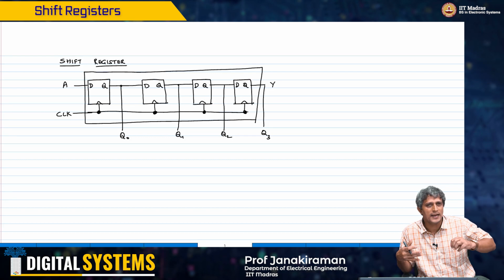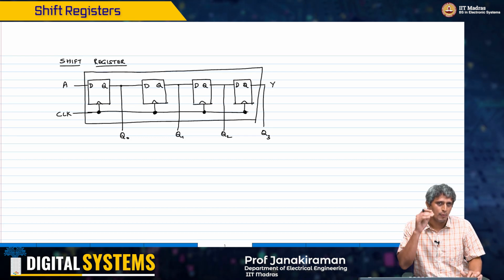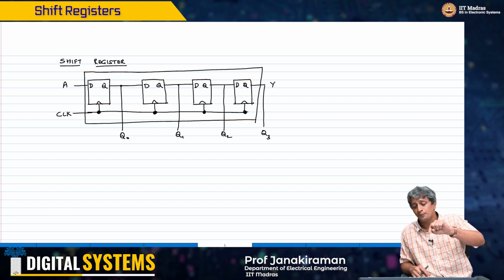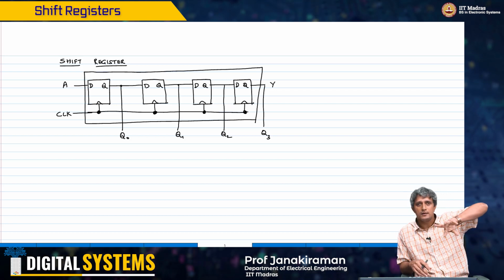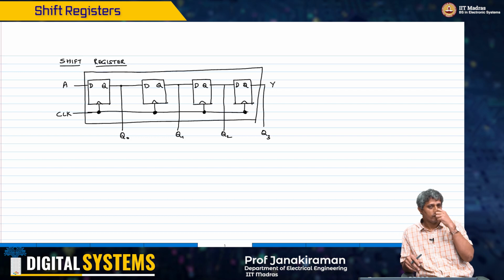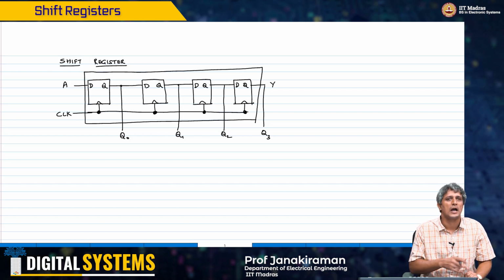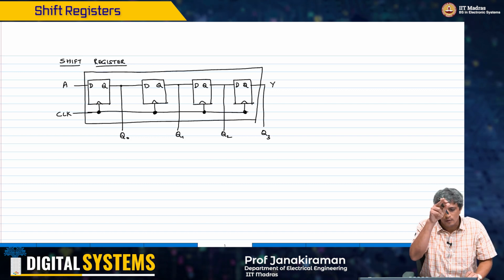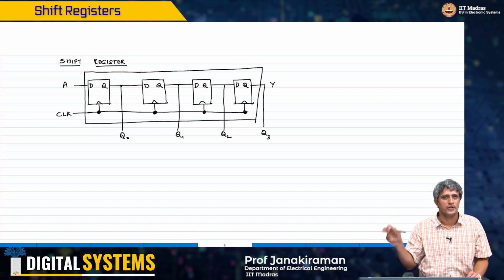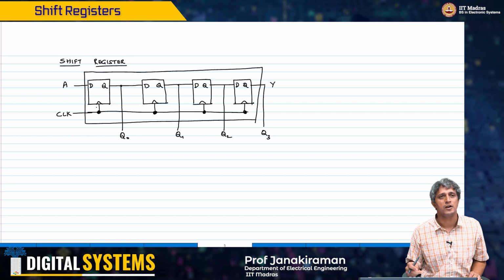So I cannot access anything internally. For example, I cannot access the input D, I can't do a parallel load here. The only access for me is through the input A, and therefore if I have to reach Q3 or D3, the only way is to go serially from one flip flop to another through the clock. So this one is a slightly different case.